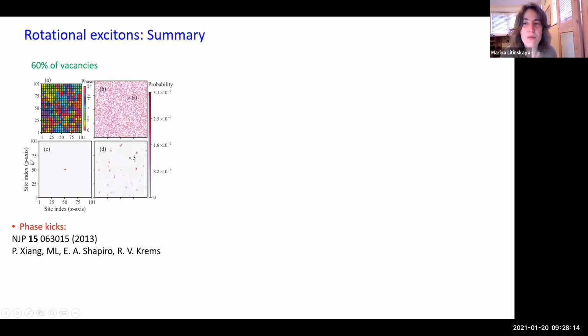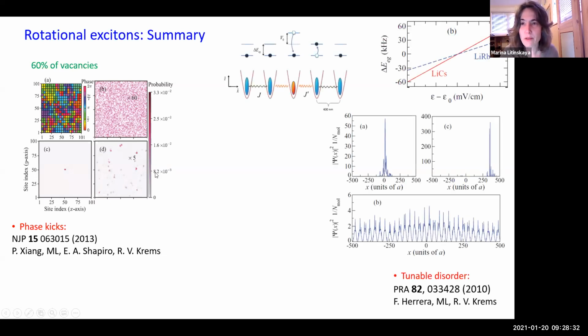Okay, so this is one thing that you can do with excitons in an optical lattice, which you can't do in solids, because here you can address the molecules individually. It's not the only thing that you can do. There are many other nice tricks. For example, you can have not only vacancies, you can have impurities. You can replace one lithium cesium molecule by something else, maybe by lithium rubidium.